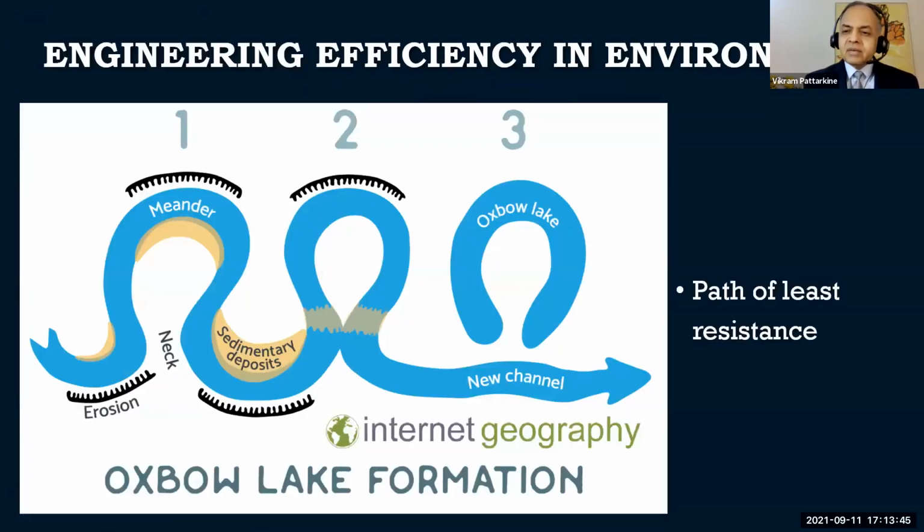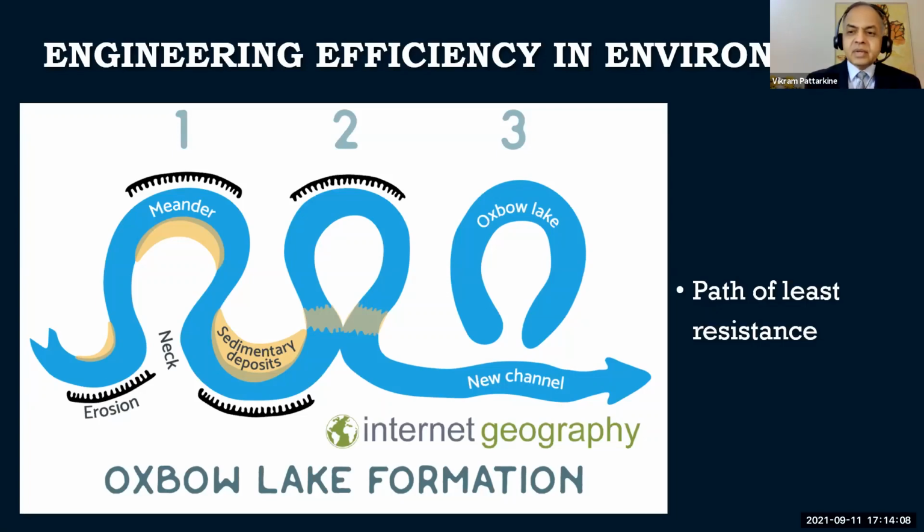Another way you can see nature working in an engineering efficiency or efficient engineering fashion is the Oxbow Lake formation. We have learned about this long time ago in our schools, right? So the river will flow in a meandering fashion depending upon how the landscape is and so on.